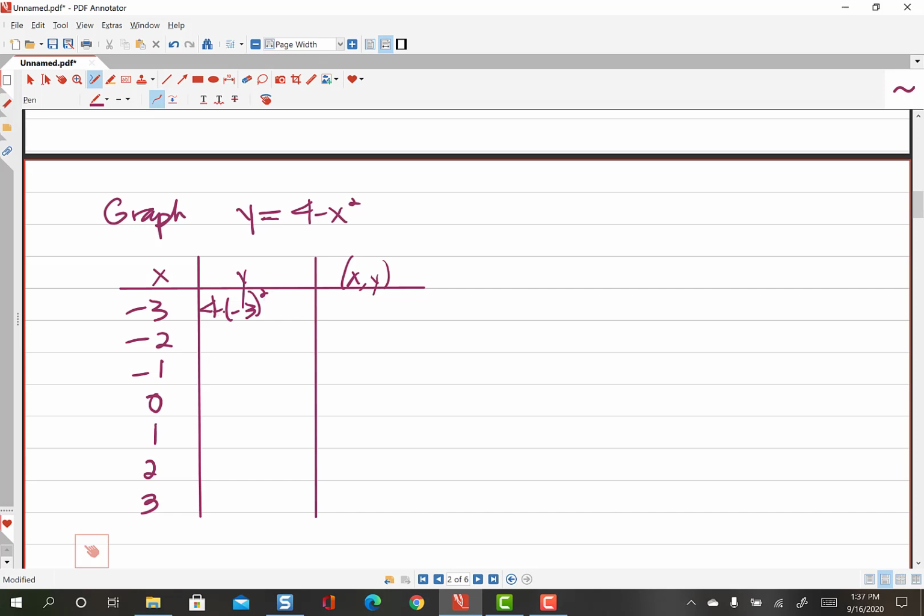So that's going to be 4 minus 9, or -5. All right, let's say if I had 4 minus -2 squared, so that's 4 minus 4, or 0. So I'm generating these ordered pairs here. 4 minus -1 squared, that's going to be 3. 4 minus 0 squared is just 4.